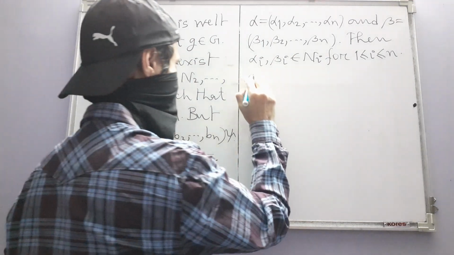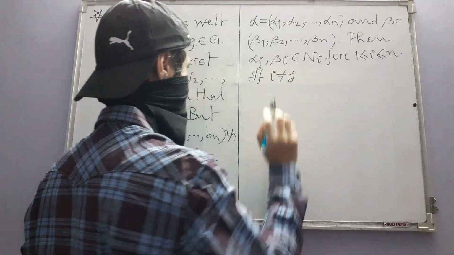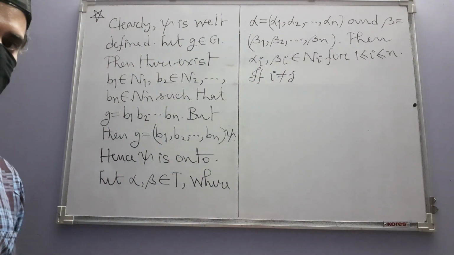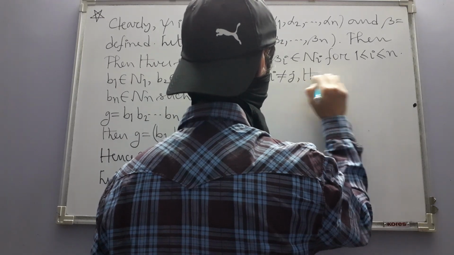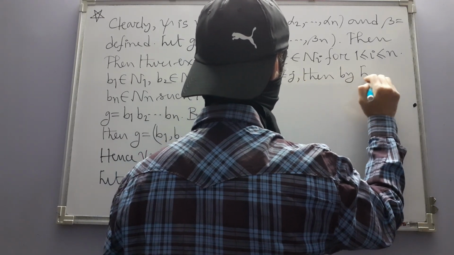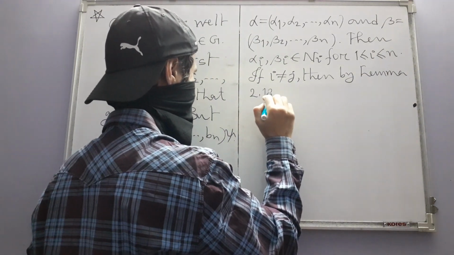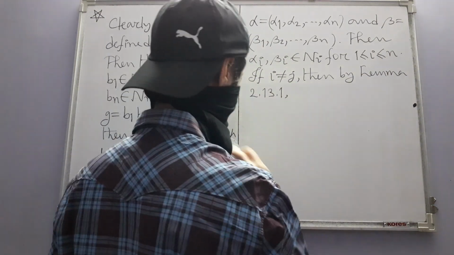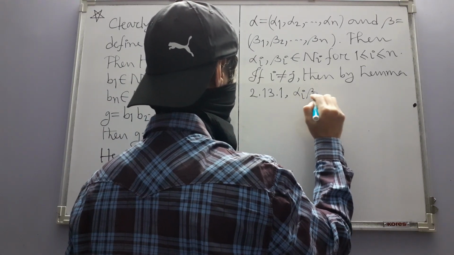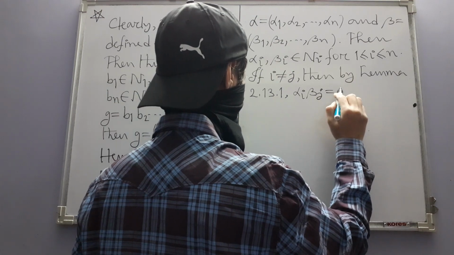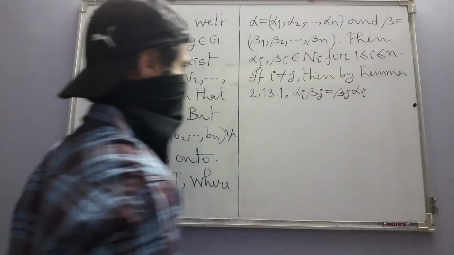Now, if i is not equal to j, then by the previous lemma that we proved, alpha i beta j is equal to beta j alpha i.